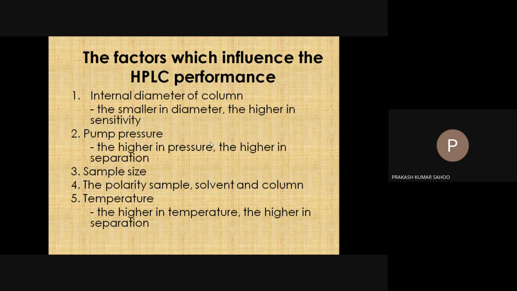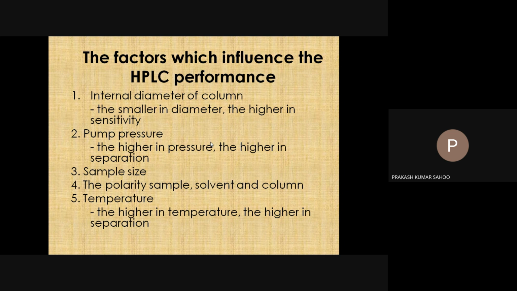Then the pump pressure, higher the pressure, higher is the separation. When the pump is okay, or it creates a constant or a higher pressure than was applied, then your performance will be better. Then the sample size should be small.